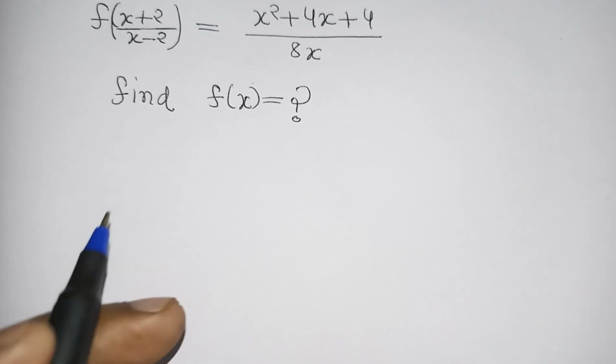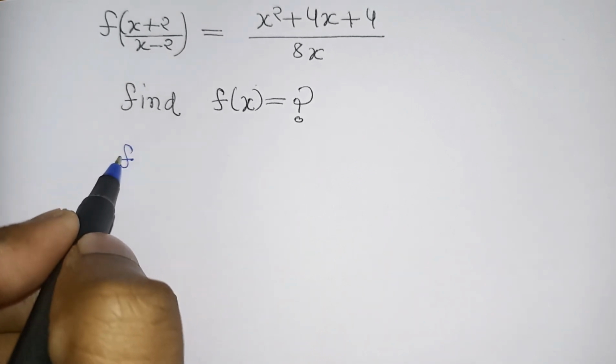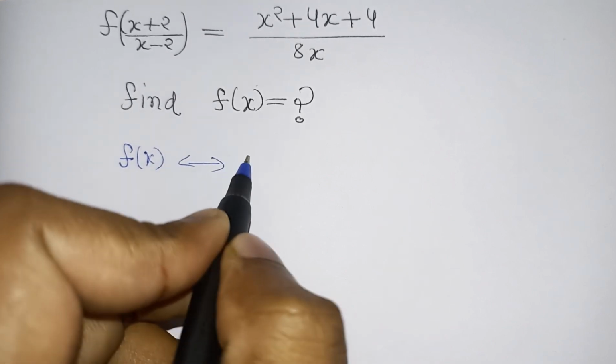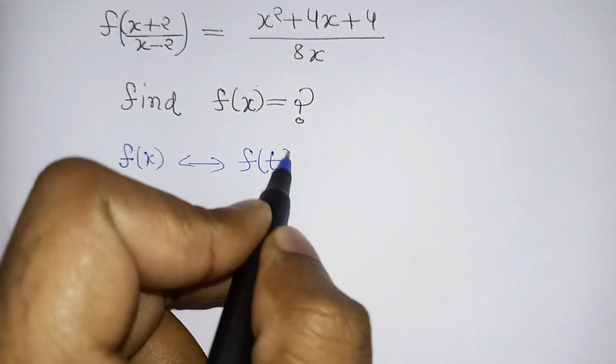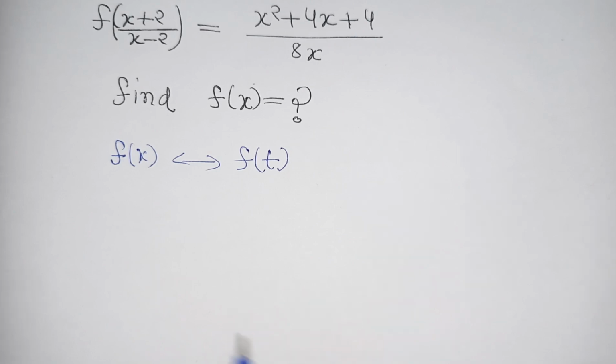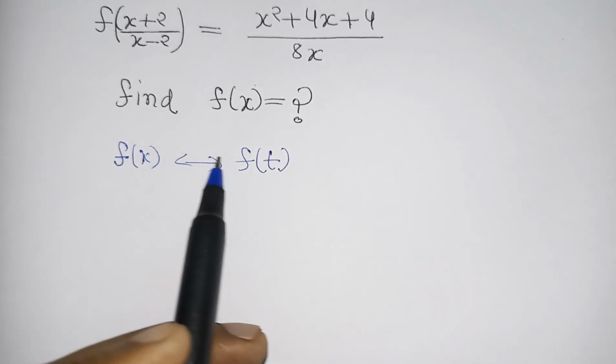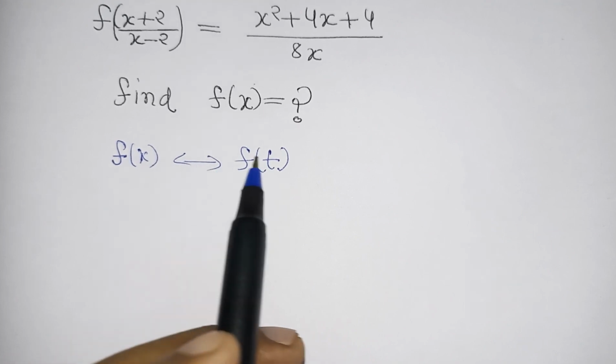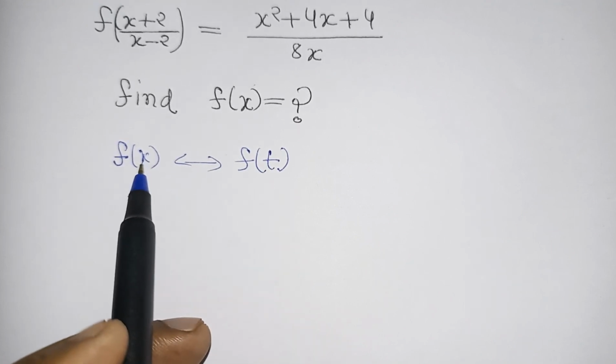The trick is that f of x can be written as f of t. It means that the value of a function is the same whether we change the variable x to t or t to x.